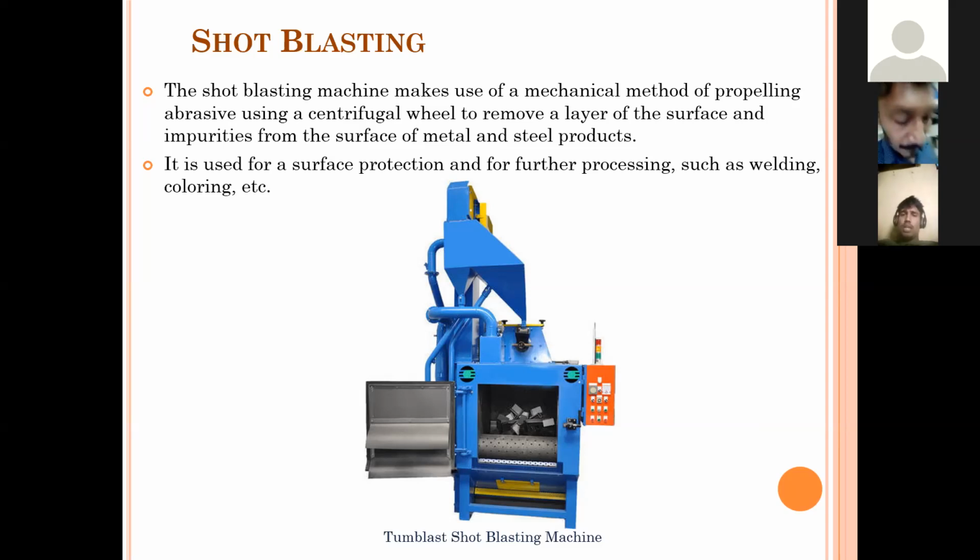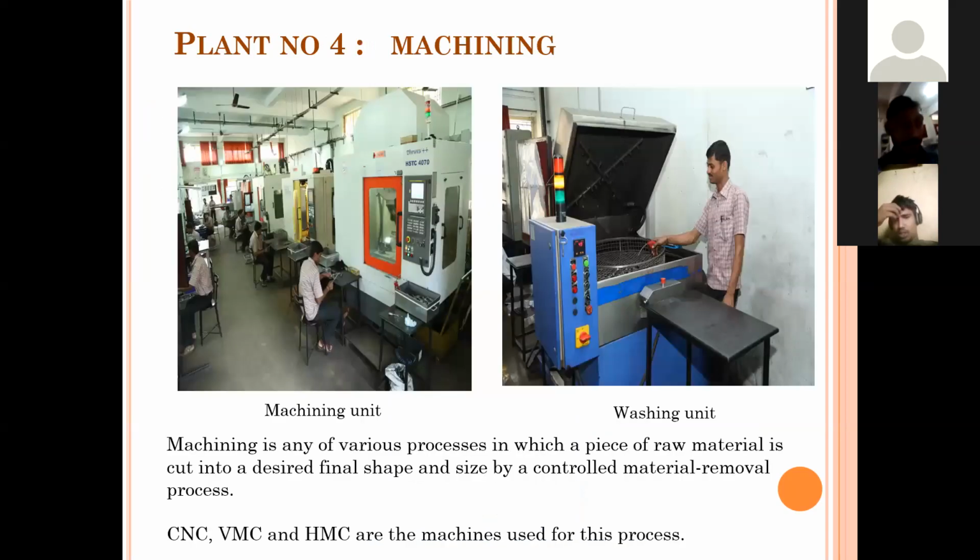Further processing, like welding, can be done after it. Shot blasting removes surface material like carbides and extra material which can overlap on the casting product.